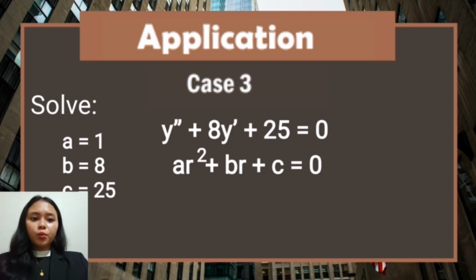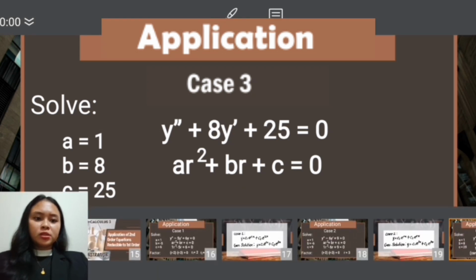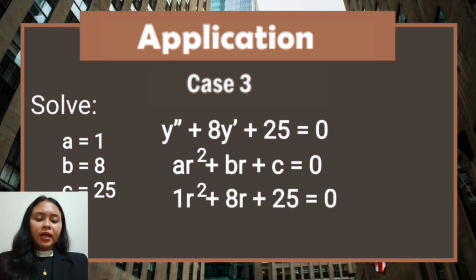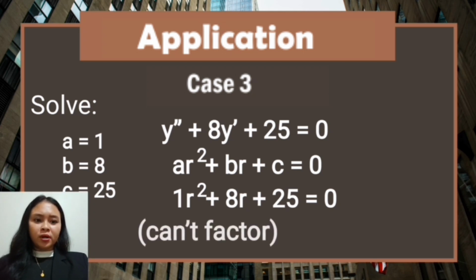So we can substitute the values here. We have a is 1, so we have 1r squared plus 8r plus 25 equals 0.